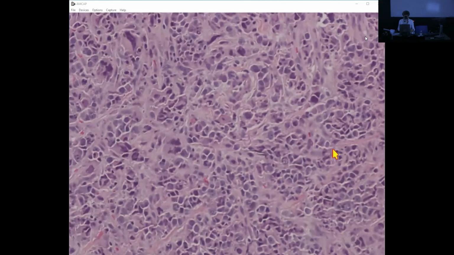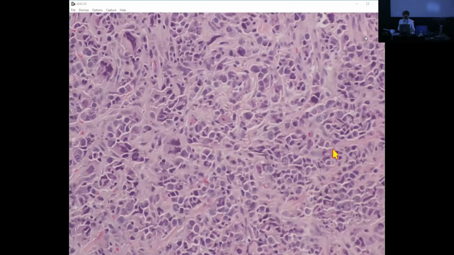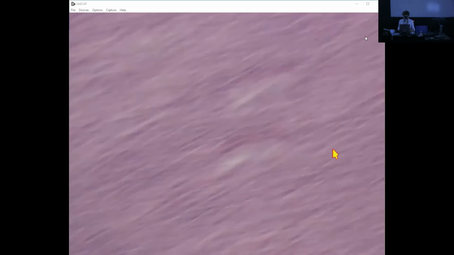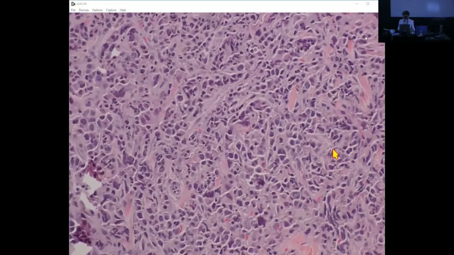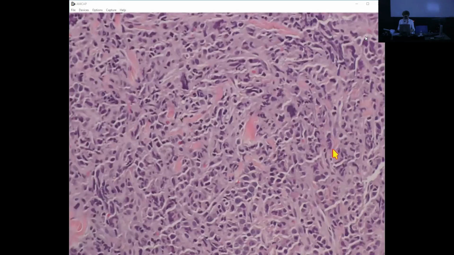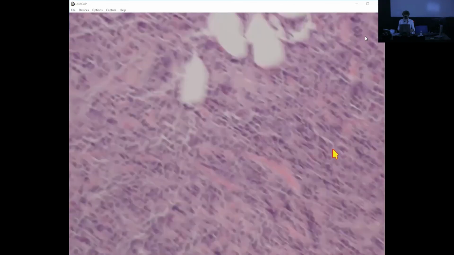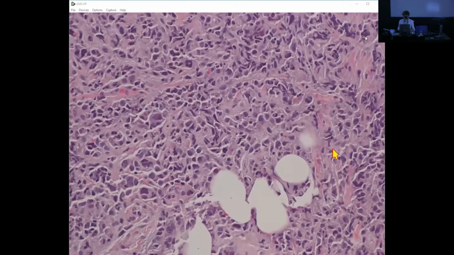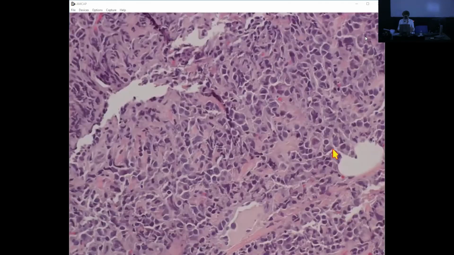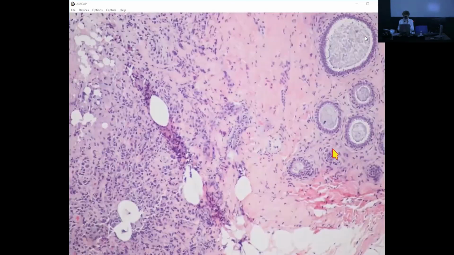What do you think about it? Pleomorphic. We have a vote for pleomorphic. Very pleomorphic, right? These cells are growing discohesive, they're definitely, it could be a pleomorphic.